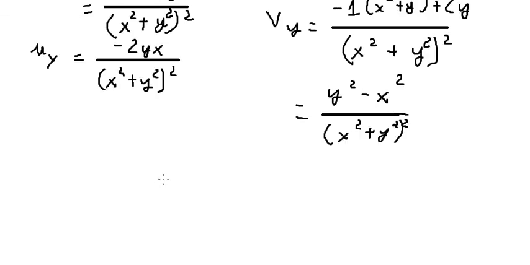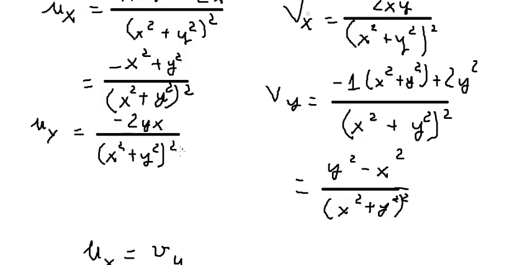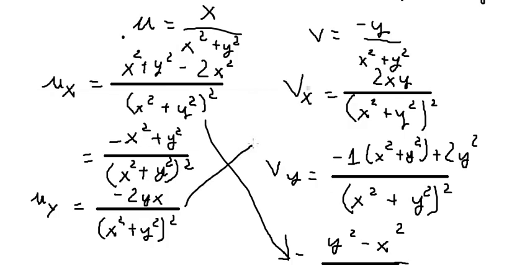So according to Cauchy-Riemann, we have ux equal to vy, and uy equal to negative vx. So if we look carefully, this one is equal to this one, and this one is equal to this one.